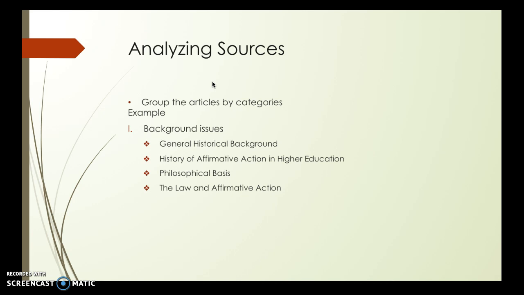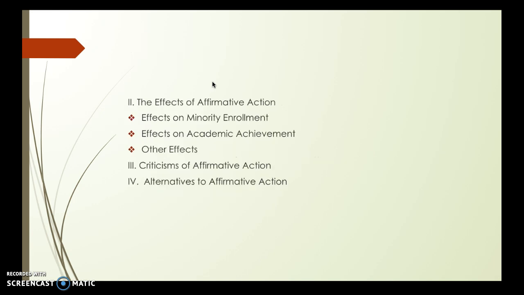That's the background issues, and you put them in one category. Next is effects of affirmative action, which include effects on minority enrollment, effects on academic achievement, and other effects. Then it's the criticism. You put all the criticism of affirmative action into one category. Then there are the alternatives to affirmative action.